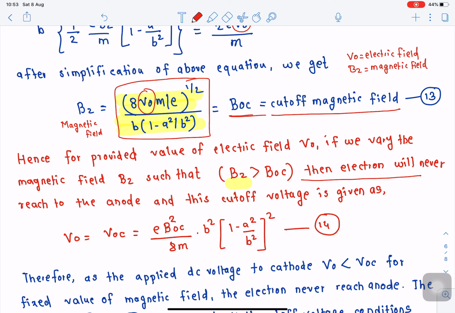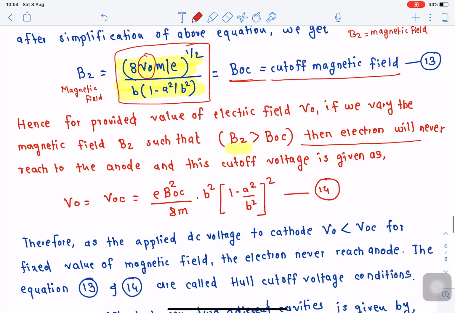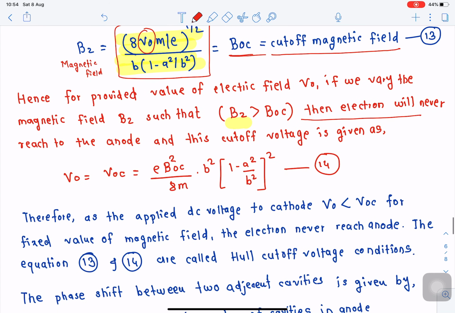Instead of varying the magnetic field, we will start varying the electric field and maintain the magnetic field fixed. In that way, we also get another equation for the electric field, and that is also specified as a cutoff condition. So the other cutoff condition, when we vary the electric field by maintaining constant magnetic field, is given by this particular equation.